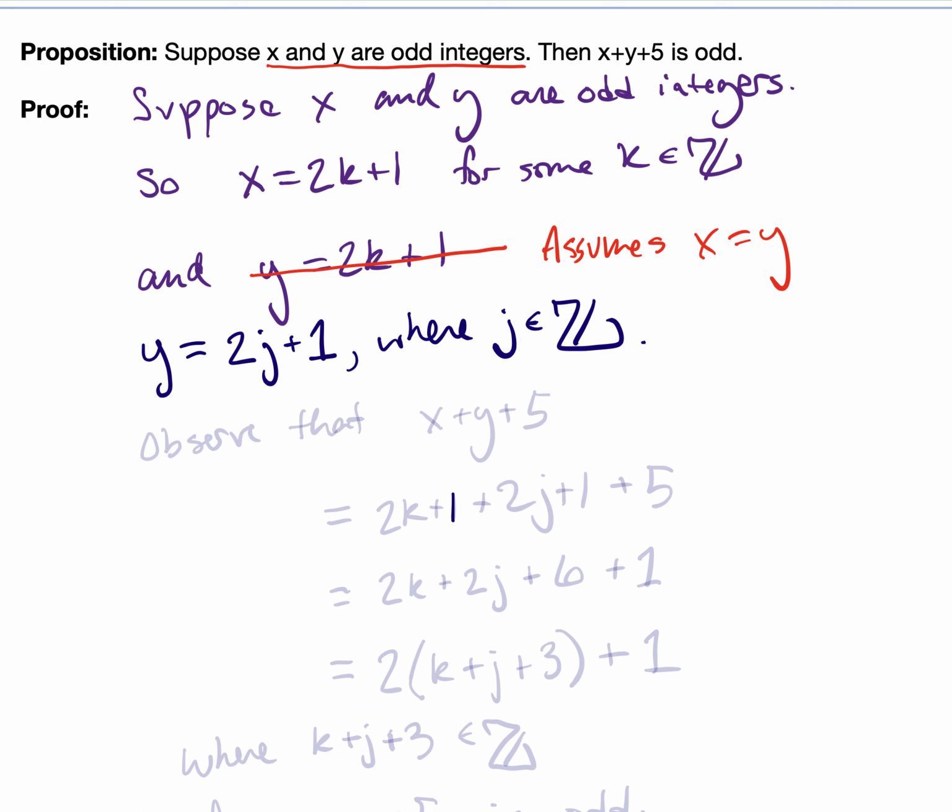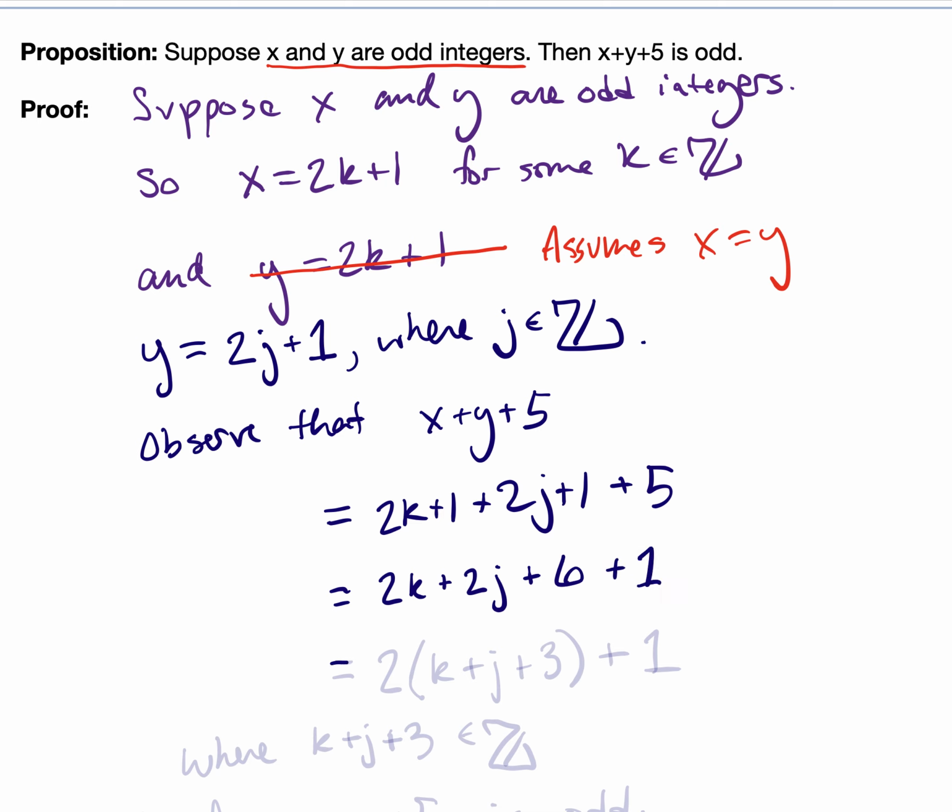So we were trying to prove that x plus y plus 5 is odd. So we could now observe that x plus y plus 5 is then equal to, with substitution, 2k plus 1 plus 2j plus 1 plus 5. We're trying to prove that this is odd, so we really want one of the plus 1s by itself. So this is 2k plus 2j plus 5 plus 1, so plus 6, plus 1 by itself.